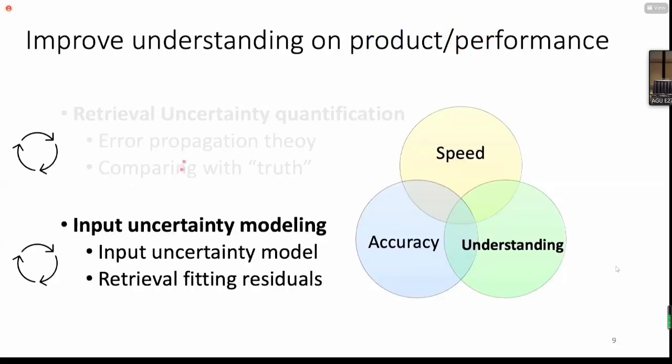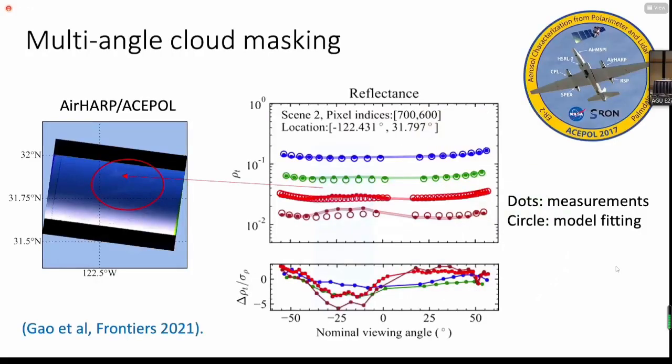Besides studying the retrieval uncertainties, to understand the retrieval performance, we can also check the measurement uncertainty and compare it with the fitting residuals. In this example, we have the measurement, and there's a transparent cirrus cloud here.